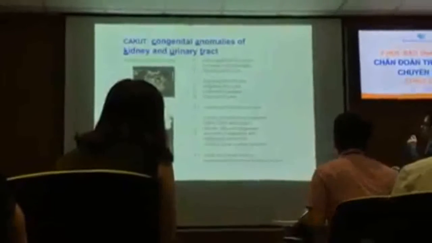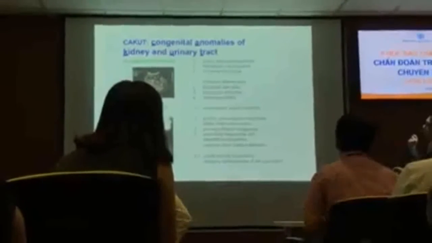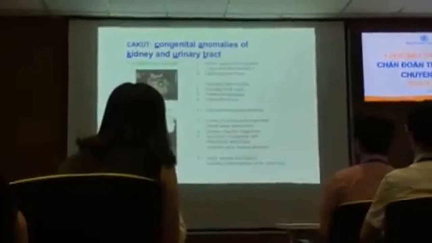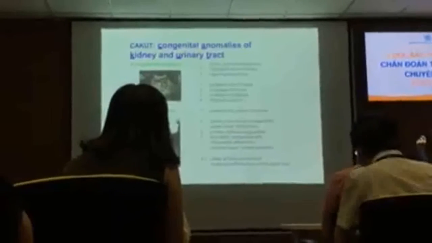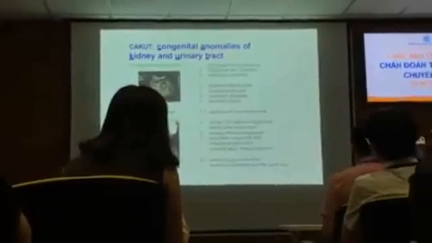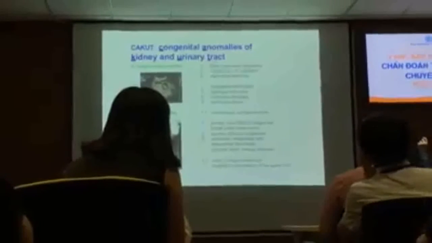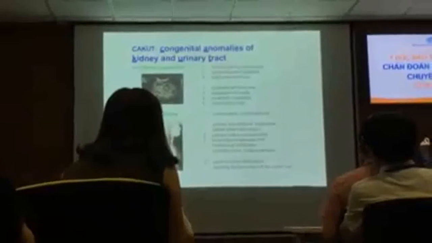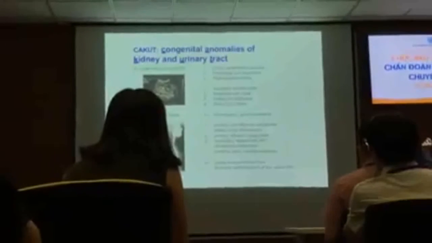So there are two different categories. The first one is congenital nephropathy. This is about the kidney. The second part is congenital uropathy. It's about the ureter and bladder. About nephropathy, including kidney agenesis or hypoplasia, this is the most severe form.